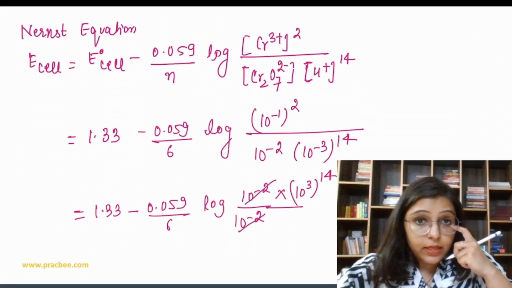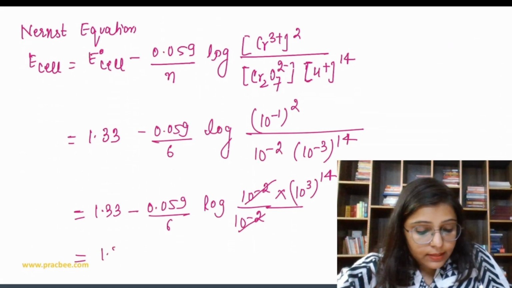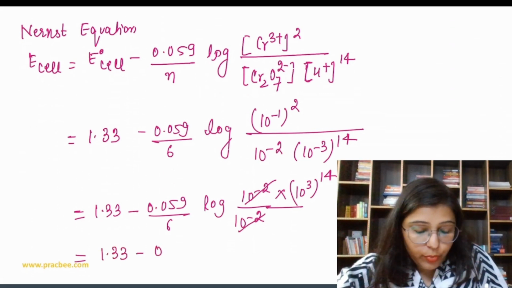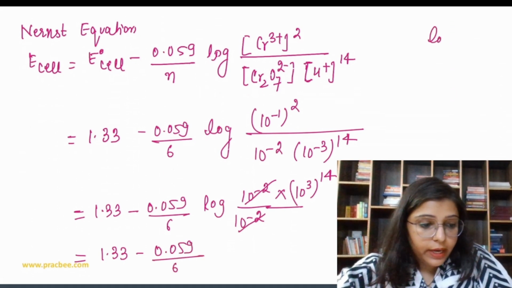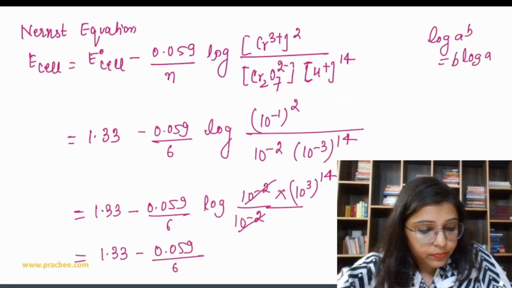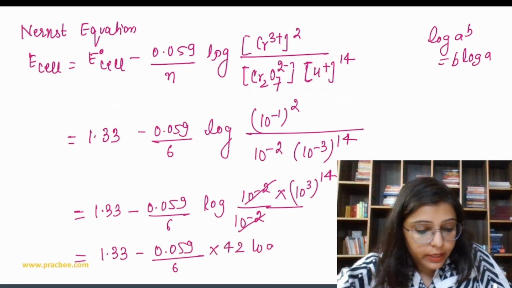Cancel 10 to the power minus 2, it cancels, and we have 1.33 minus 0.059 upon 6. Then we know that log a to the power b is equal to b log a. So 14 times 3 is 42, so we can write 42 log 10.